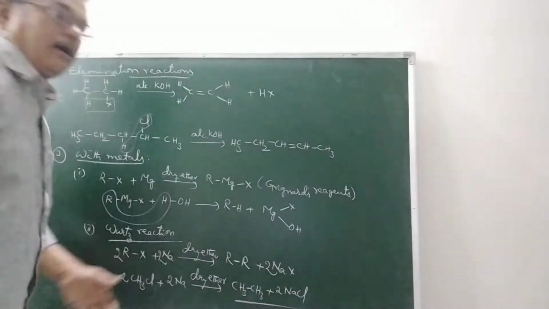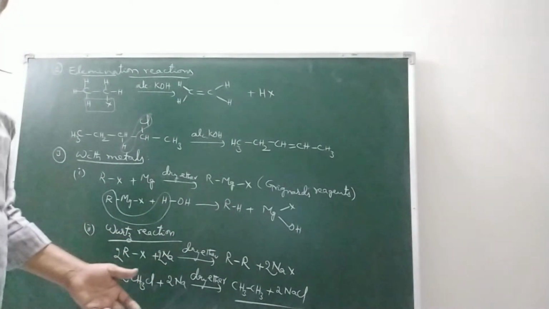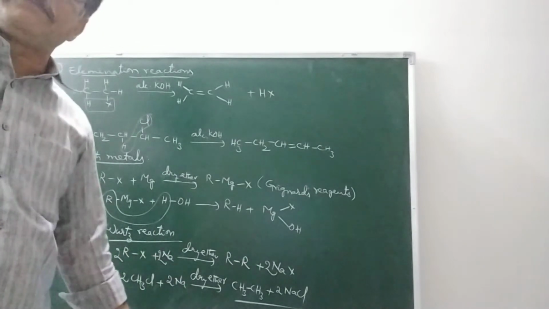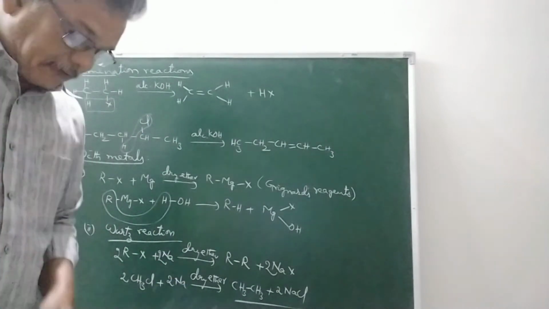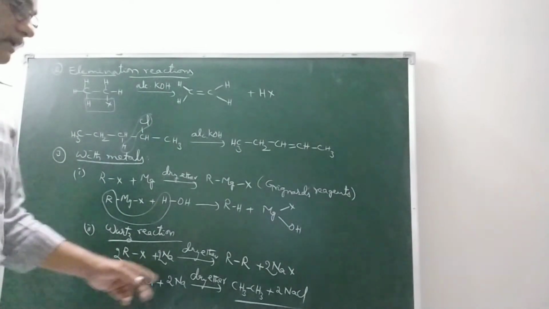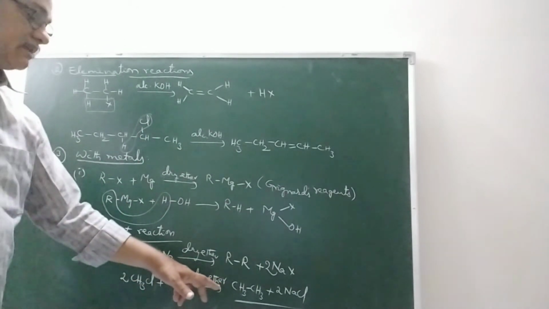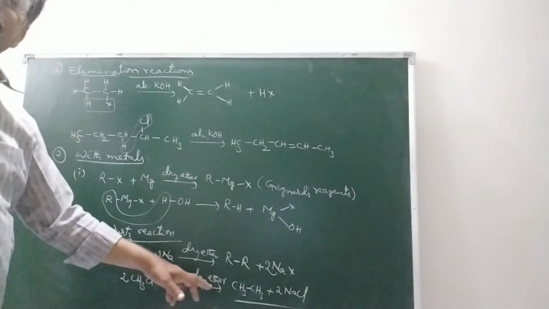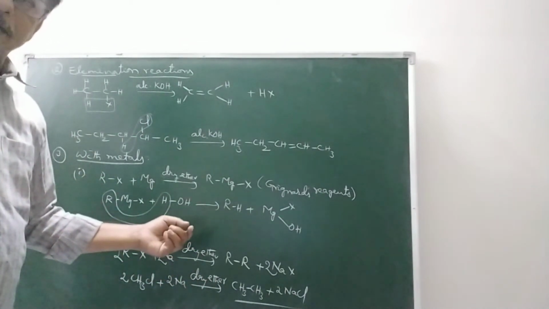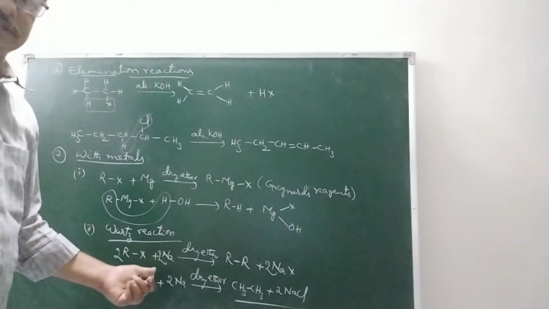Of course, we have already taught in first year that in Wood's reaction we cannot prepare methane, because at least 1 carbon is present in the alkyl group, so at least an alkane with 2 carbons can be prepared. The alkane having 1 carbon, that is methane, cannot be prepared in this process.